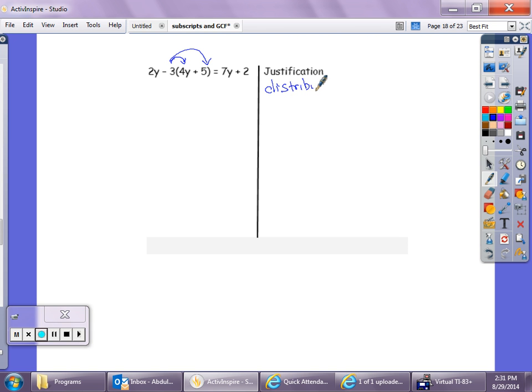So I'm actually distributing that -3, because that's the term right out front. So 2y, I distribute my -3, so that's going to be -12y minus 15, because I'm distributing negative 3 to both of these, and it equals 7y plus 2.